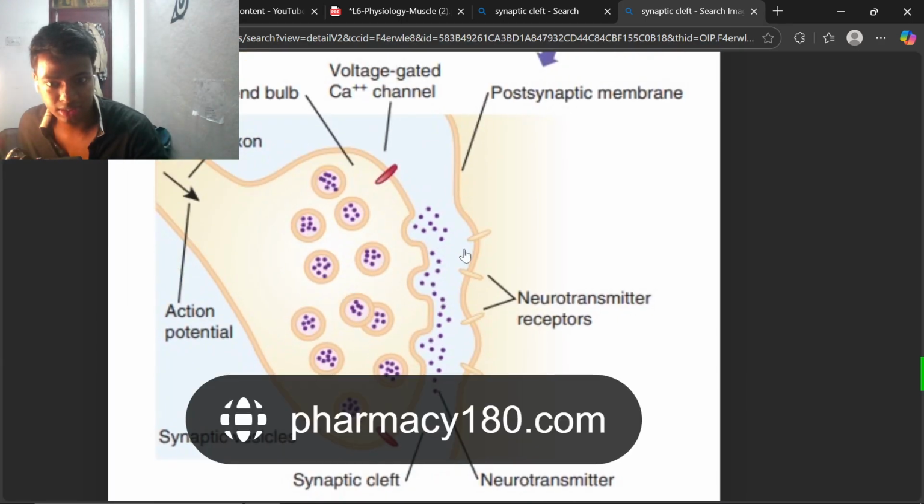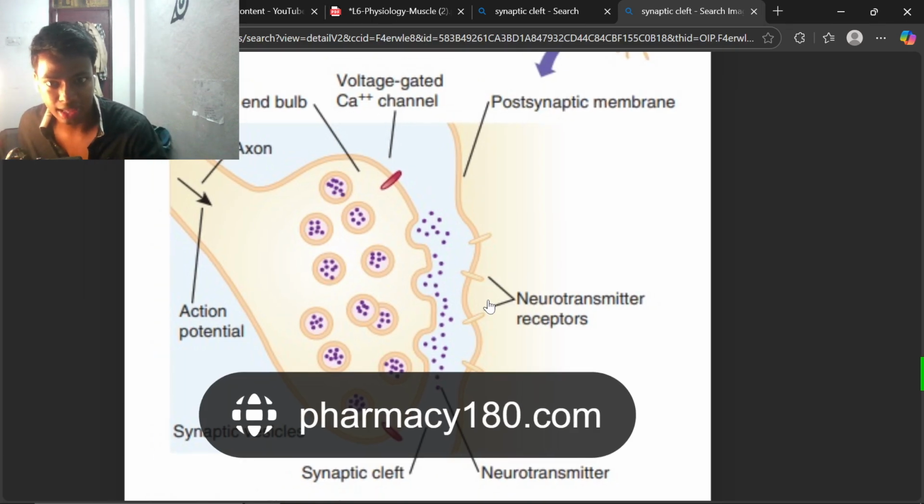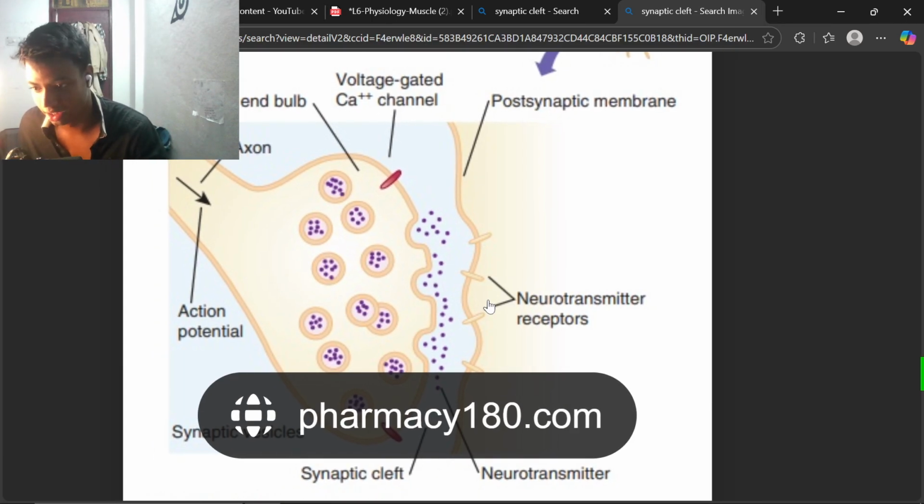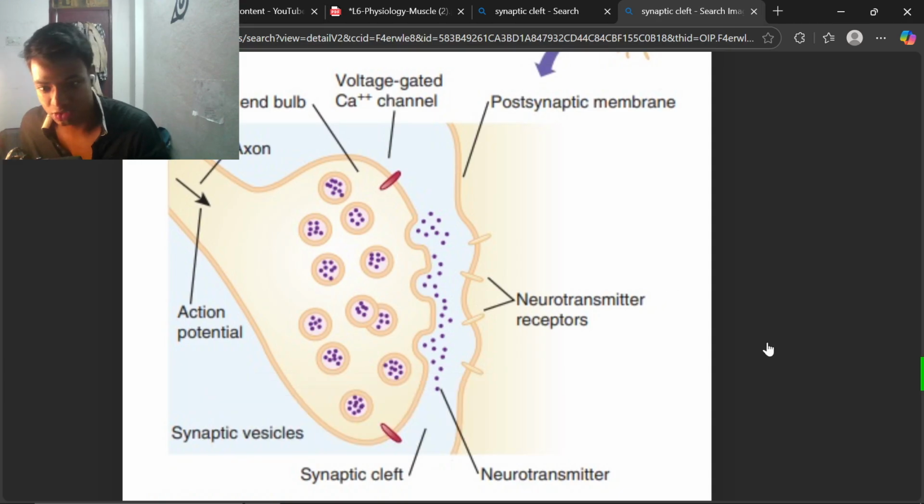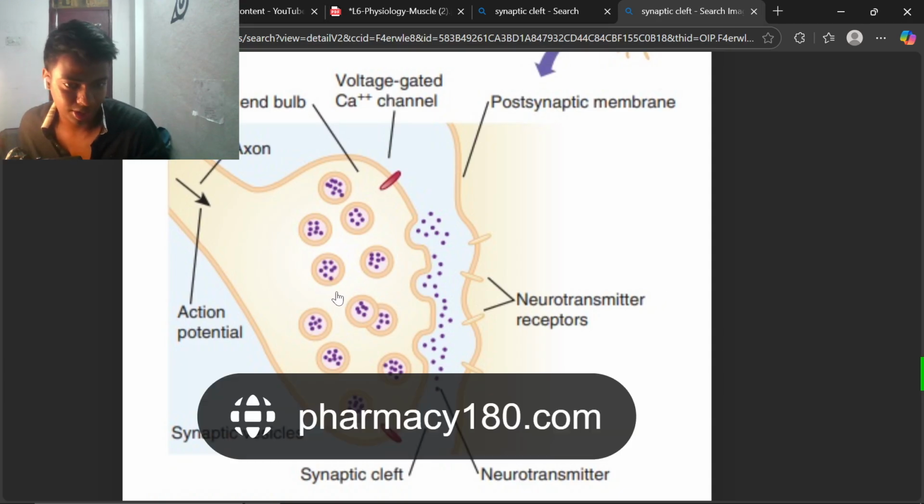These are the receptors, by the way. The vesicle content binds to the receptor, and this receptor triggers some channel, and then sodium enters. This sodium creates the muscle action potential.